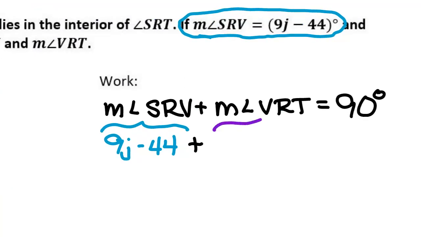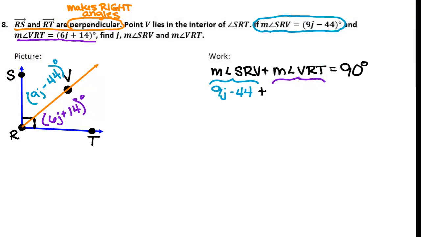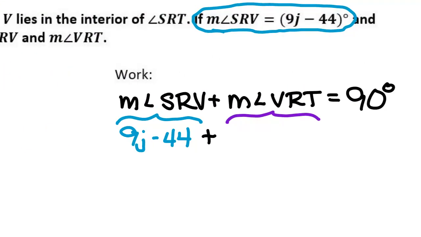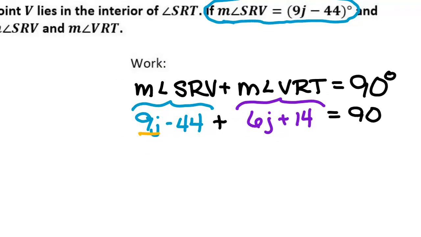You're welcome. All right, 6J plus 14 is equal to 90. Then we combine our like terms together. We're going to combine the two J's, the 9J and the 6J. That'll combine to give me how many J's?